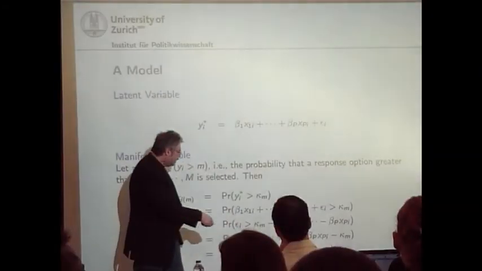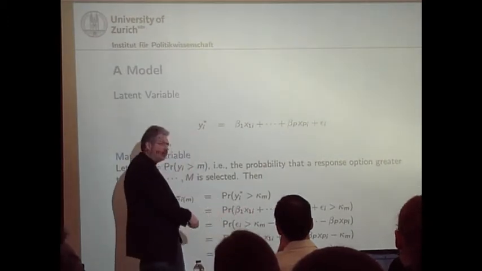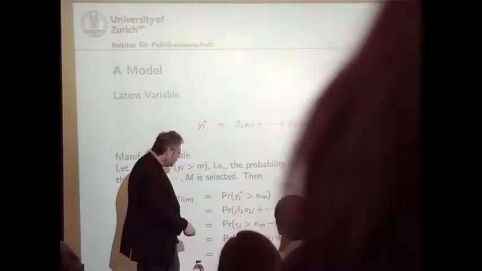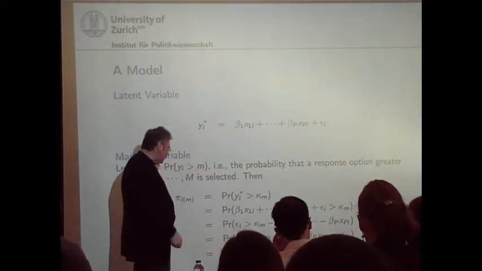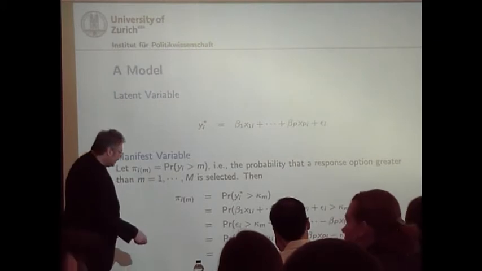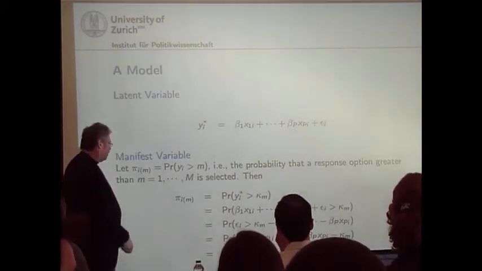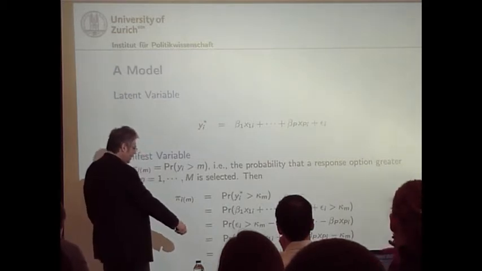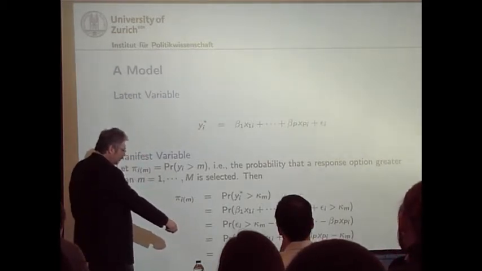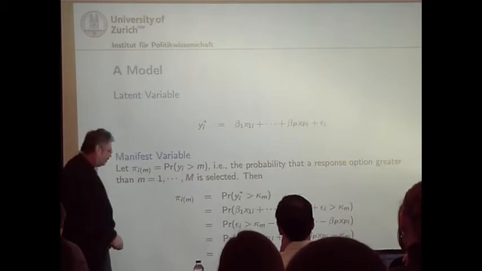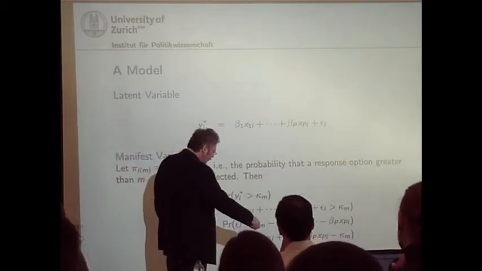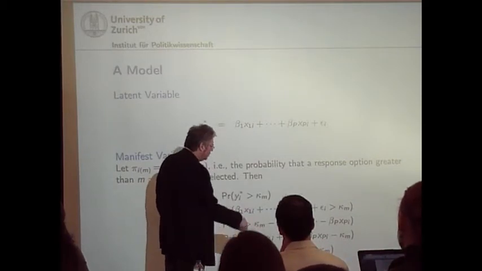And if you take the negative of the term to the right of the inequality sign, we get this expression here. And that is a cumulative probability, so we can say that is some cumulative distribution function F evaluated at beta 1 x1i plus all the way to beta p xpi minus kappa m.